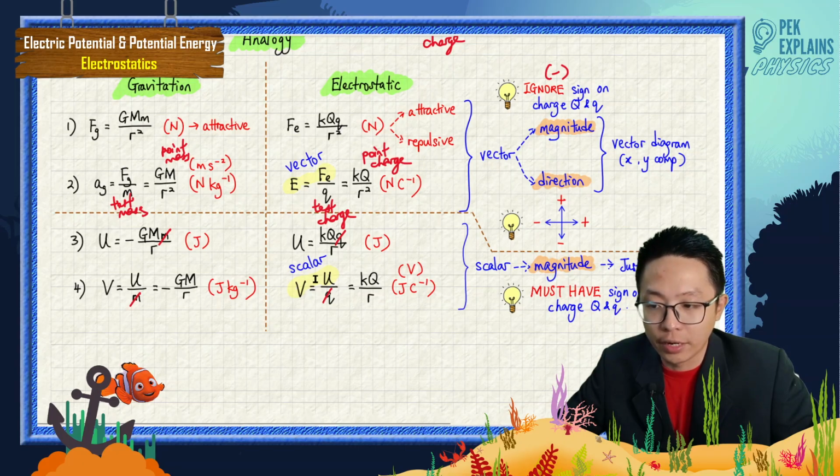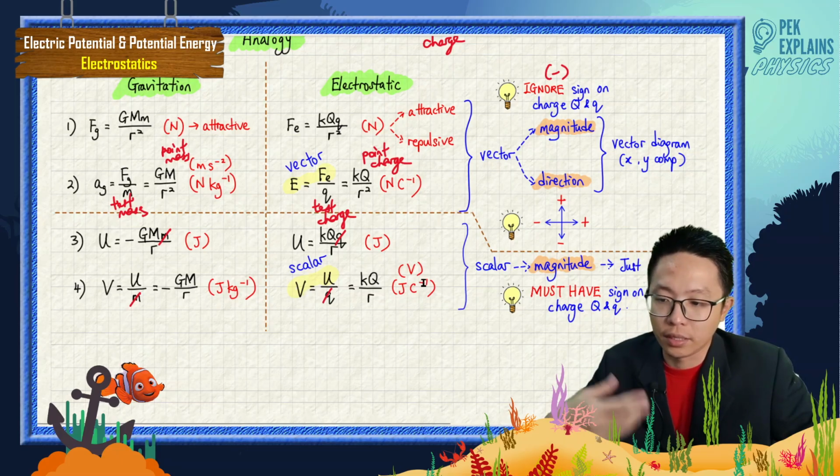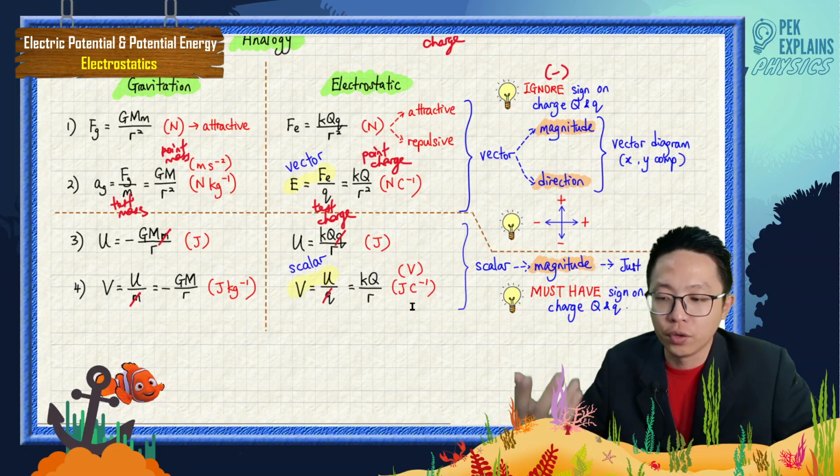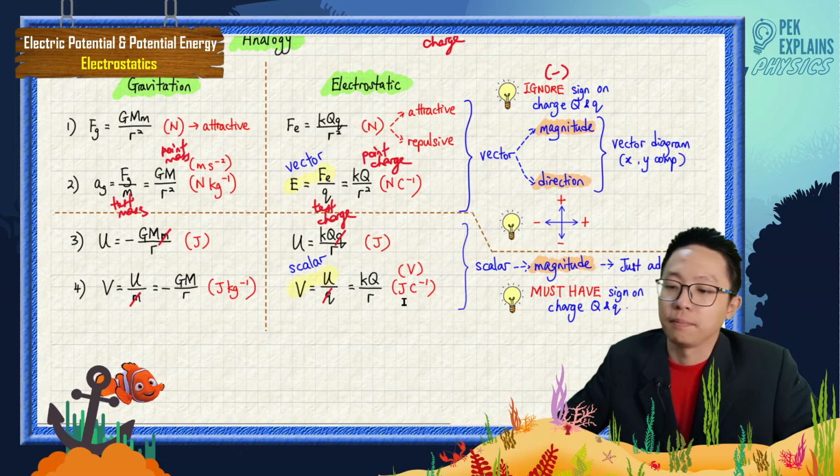For electric potential, it is electric potential energy divided by the test charge, so the unit is joule per coulomb, because charge is in coulomb. You can also write it as volt. So either unit, volt or joule per coulomb, is accepted.